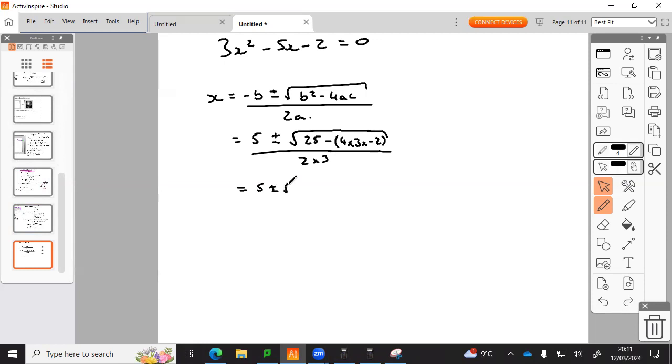So it'll be plus or minus root of 49, which gives you 7. Would it be minus 25 because it's minus 5 up the top? Minus 5 squared, if you square a negative, negative 5 times negative 5, the negative disappears.